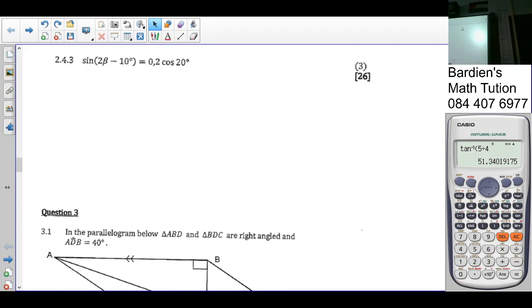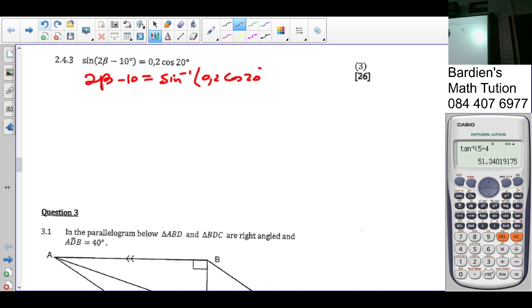We have 2 sine of (2 beta minus 10) equals 0,2 cos 20. So can I take this 10 over the equal sign here? No. We have to first sort out, let's first get this on its own, not so. So how do I do that? You can say arc sine of (0,2 cos 20).